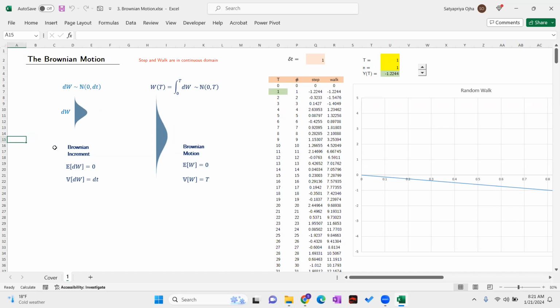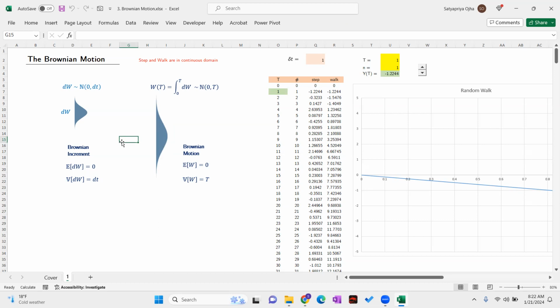Okay, dw is this. This is the increment, expectation is 0, variance is dt, as per the definition. Why this is chosen is because if you integrate, basically you are adding a lot of these steps, the increments, together. What happens when you add a lot of normal randoms? The end result is also normal, exactly.